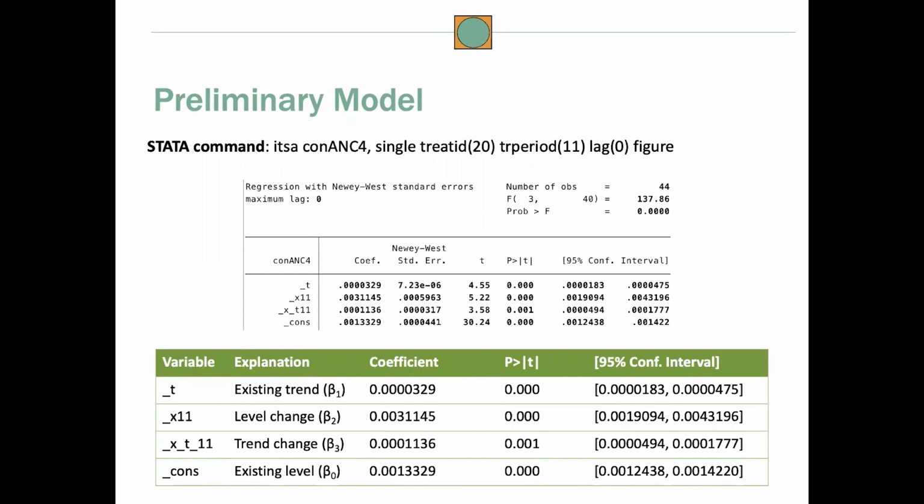On the second row, we have _t11, which is our beta 2, the level change immediately after the policy. And on the third row, we have our beta 3, _x_t_11, which is our slope change after the policy. This is the slope during the post-policy period.